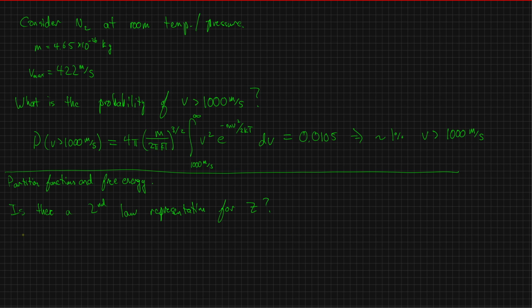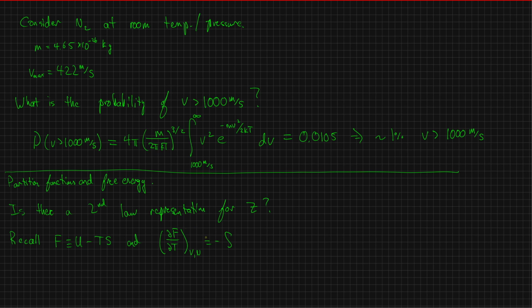So let's recall the Helmholtz free energy, which we actually just used for one of the homework problems. Recall that F is defined as the average energy minus T times S. And we have this relationship: del F, del T, with V and N held constant, is equal to minus S, okay?